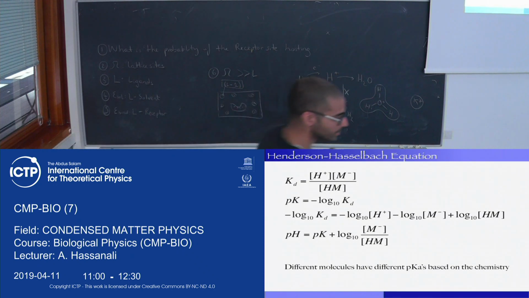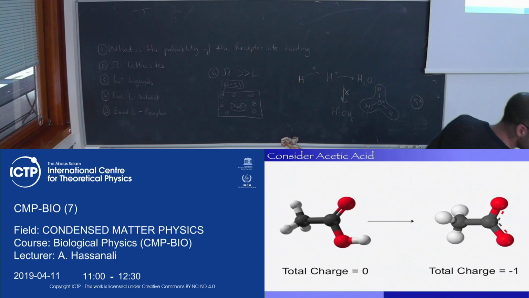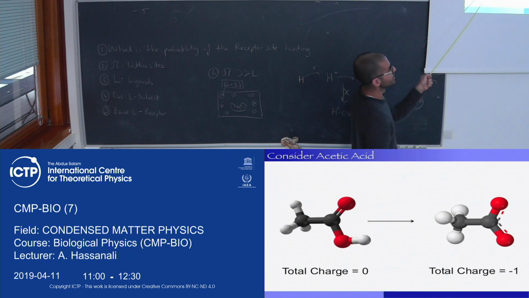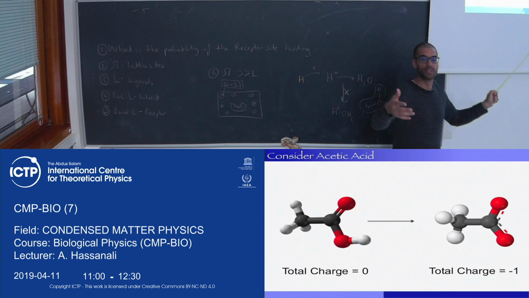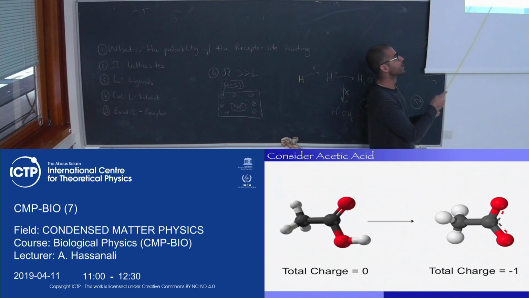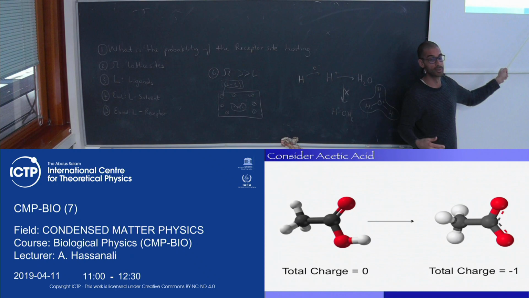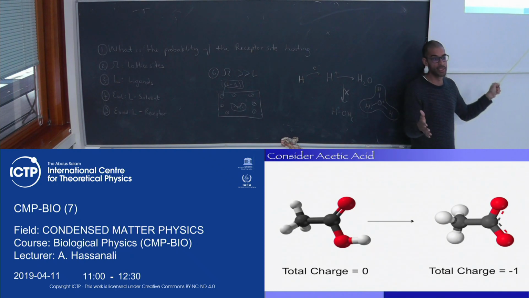So I can tell you whether the system wants to be in the protonated form or in this form. Intuitively, you already know. When I go to very low pH, this will dominate. When I go to very high pH, this will dominate. But at what pH will it change?